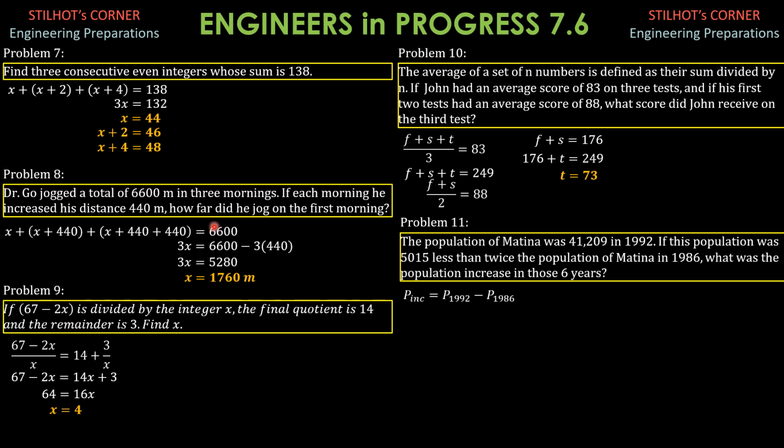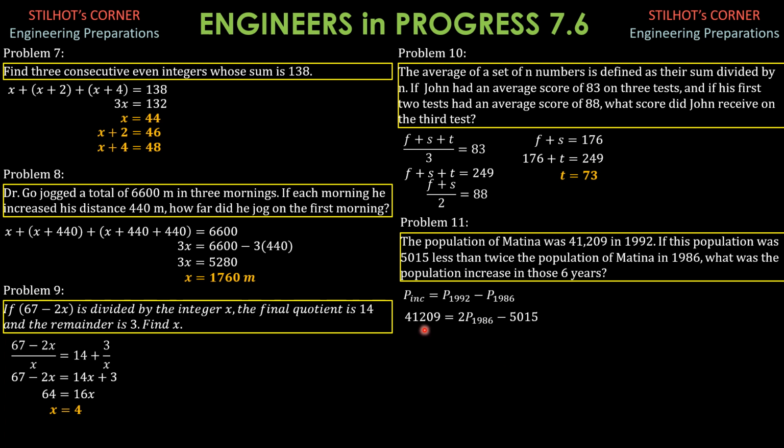So we apply the principles earlier mentioned. 41,209 is equal to 2 times population in 1986 minus 5,015. So this population in 1992 in Matina is 5,015 less than twice the population in 1986. So that's the proper way of interpreting that.